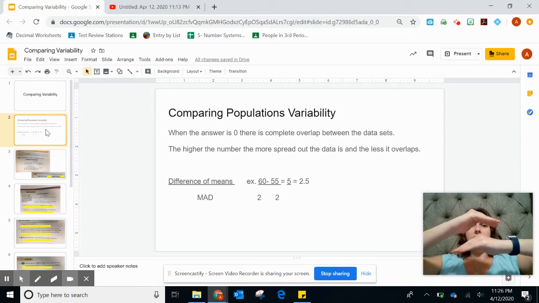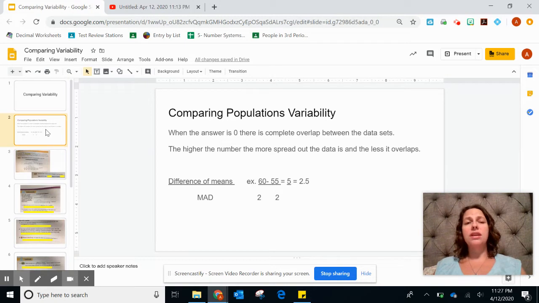So 0 is completely overlapping. I usually say like 1, 2, 3 is a lot. 3, 4, 5 is a little. And the only time I say that there's no overlapping is if they give me the exact set of data, like these are the numbers, which a lot of times they're not going to do. Because it could possibly be that maybe there's one outlier, where the two data sets are way spread apart, but then there's this one little outlier that's just here, so it's still technically overlapping a little bit.